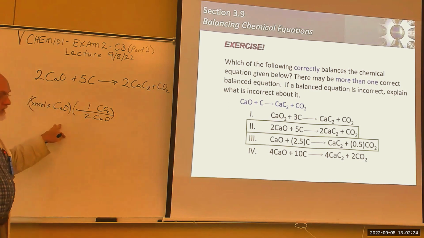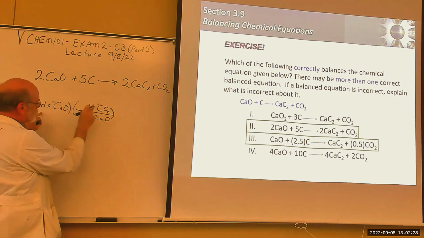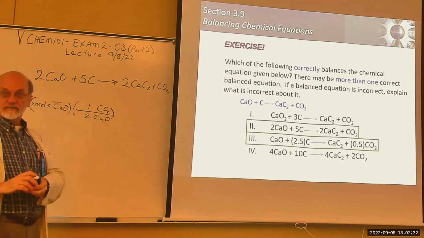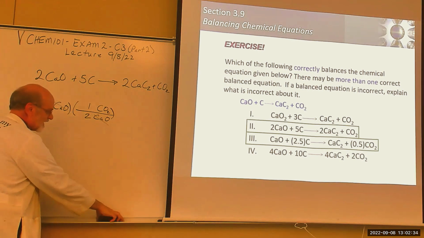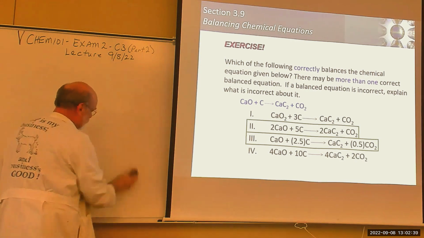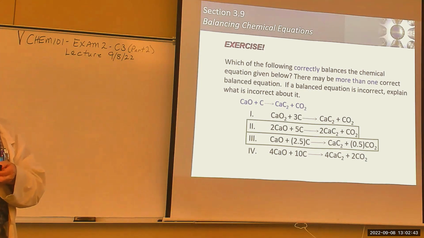That's the ratio. Right? So this cancels and leaves us with moles of carbon dioxide. So it'd be X times a half, whatever that is. Okay? Just giving you a heads up. That's where we're heading. And that's why you got to have a balanced equation. If you don't have a balanced equation, you're stuck.